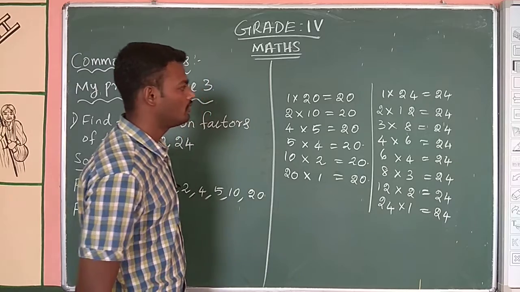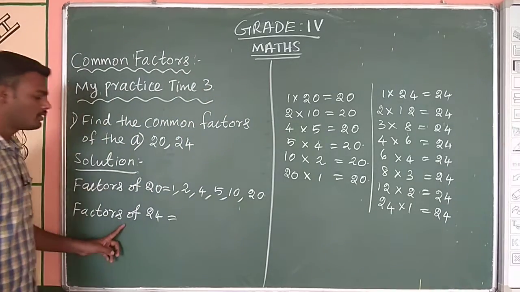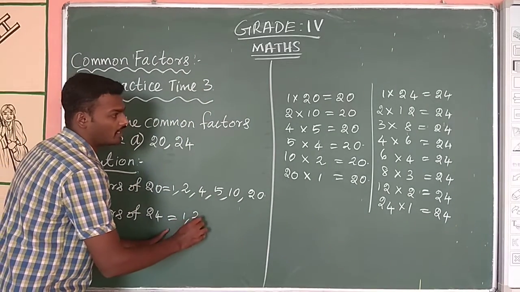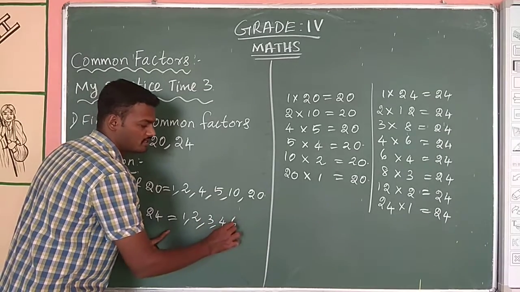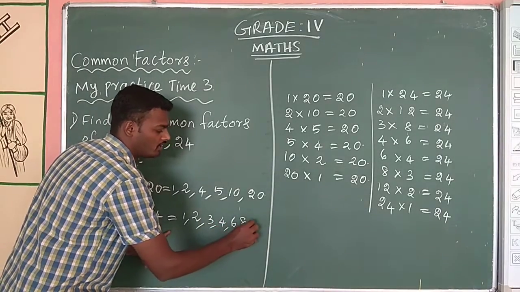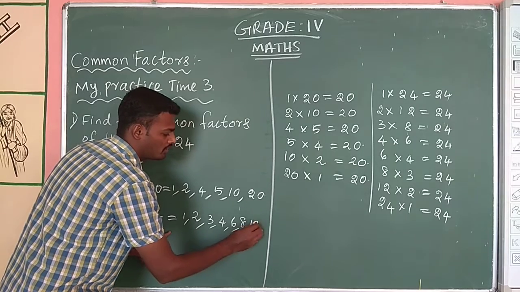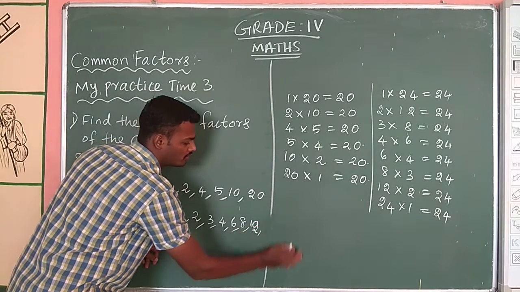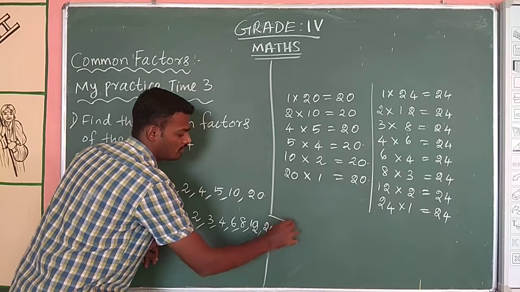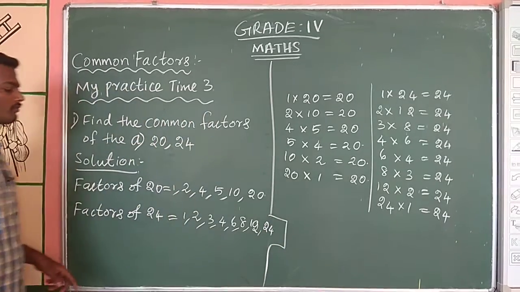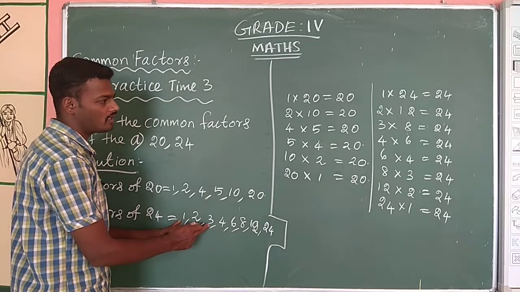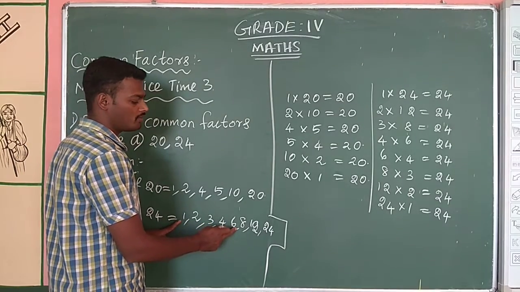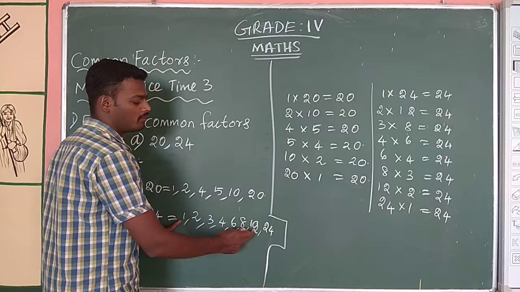So 24 comes in the first table, second table, third table, fourth table, sixth table, 8th table, 12th table and 24th table.